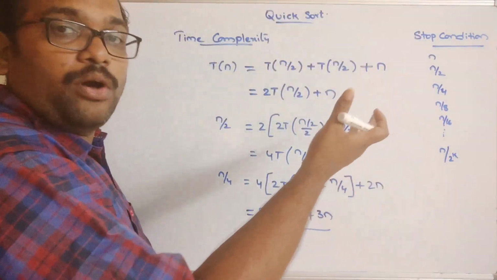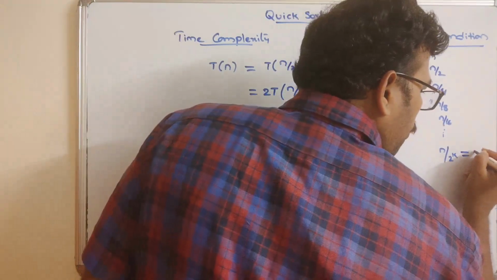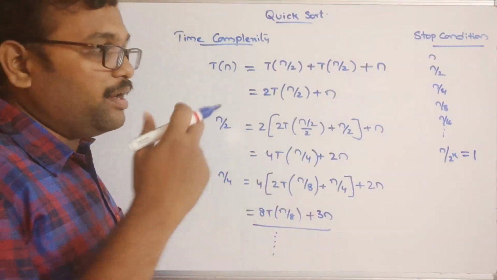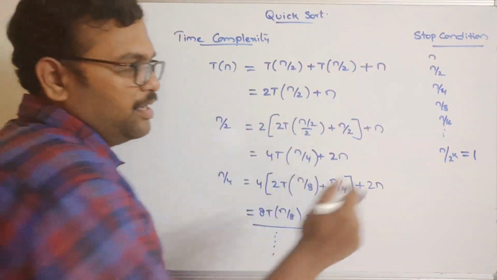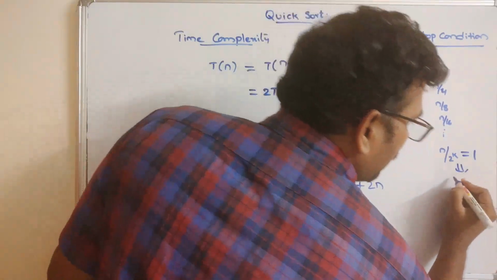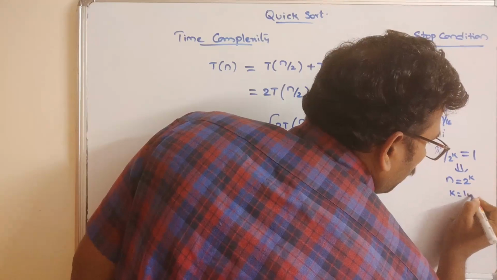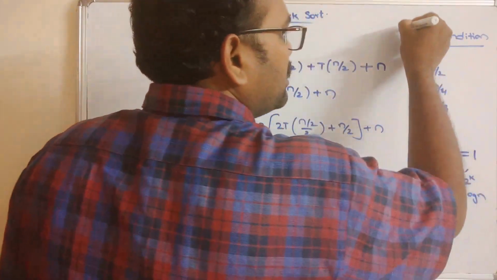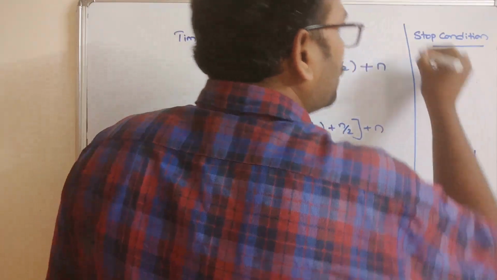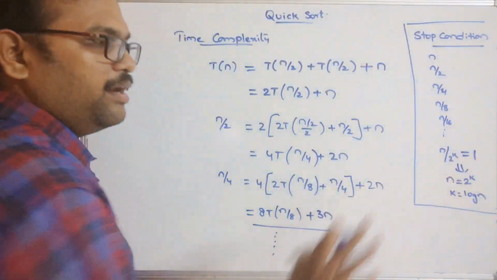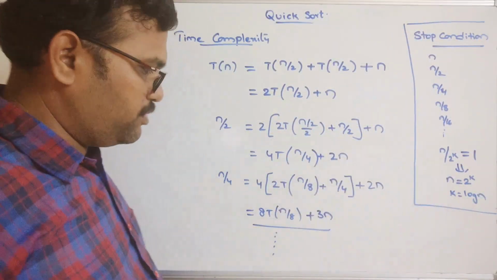And when will it stop? Whenever this becomes 1, that means whenever the partition becomes one element. So from this we can write n = 2^k and k = log n. This is the most important, because from this only we are supposed to substitute the n and k values.